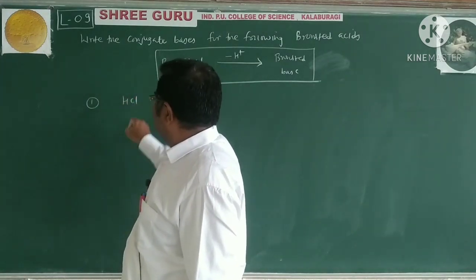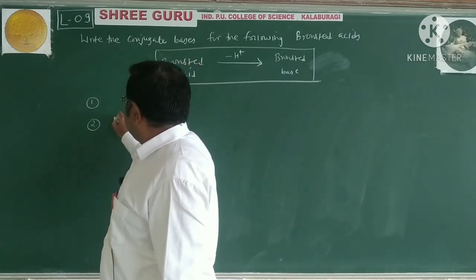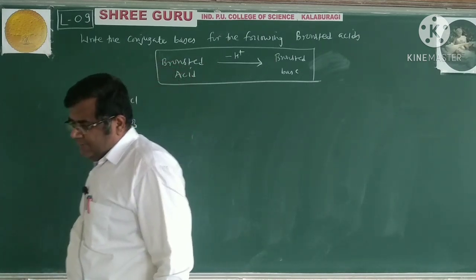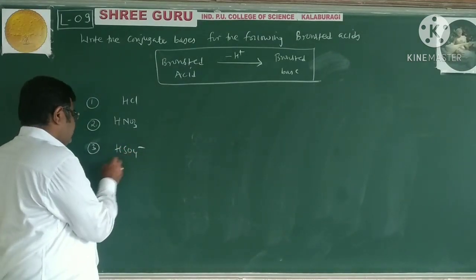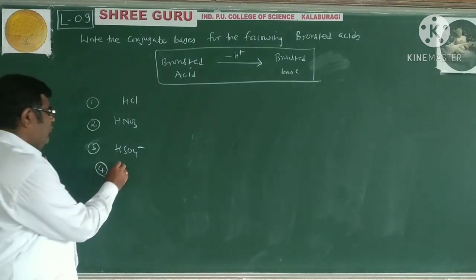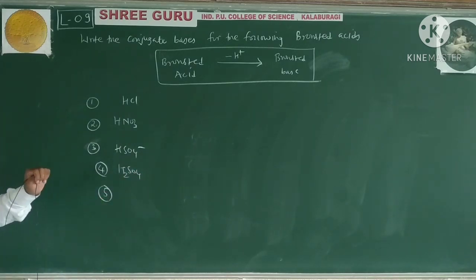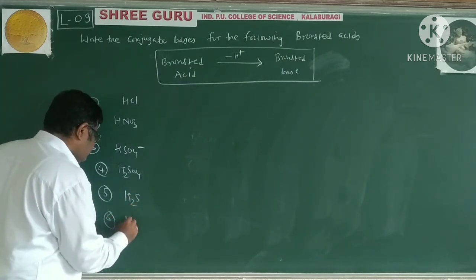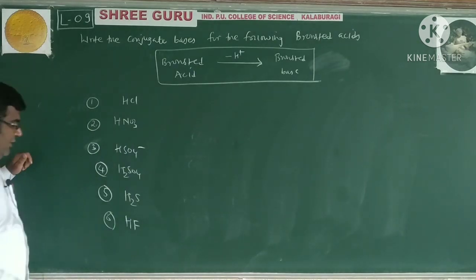HCl, then HNO3, then the third one is HSO4 negative, H2SO4, H2S, HF, and HCO3 negative.